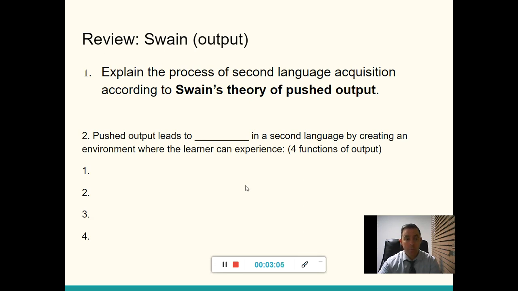Alright, so pushed output leads to what Swain called intake. Now if you said acquisition here, that would be fine. Acquisition, intake of course is where that new knowledge, or in this case that new language knowledge, is kind of uploaded to the brain and it becomes part of yours, part of your repertoire, if you will, of language that you acquire, language that you understand, language that you can use.